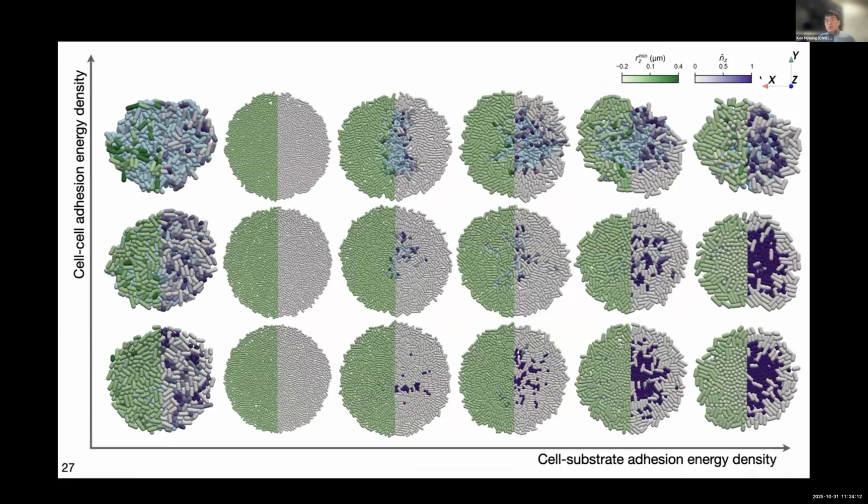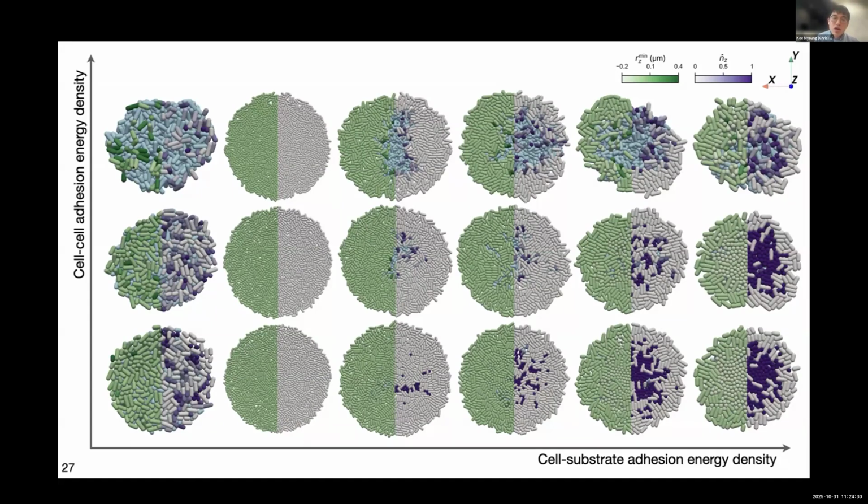So all in all, we have this morphological phase diagram where we have this cleanly verticalized core over on the bottom right, and then as we increase cell-cell adhesion, we start to see a greater diversity of z orientations along the substrate. As we weaken cell-substrate adhesion, we begin to see delamination.